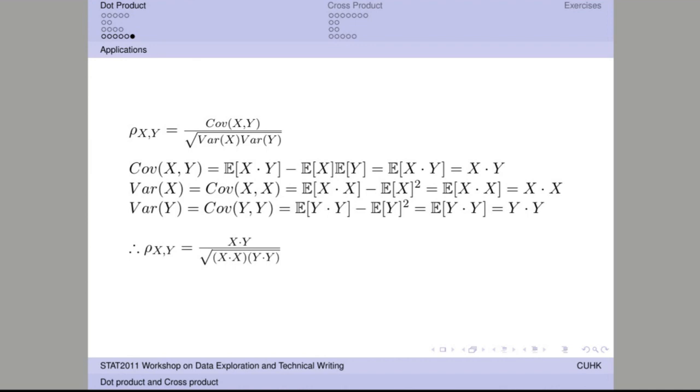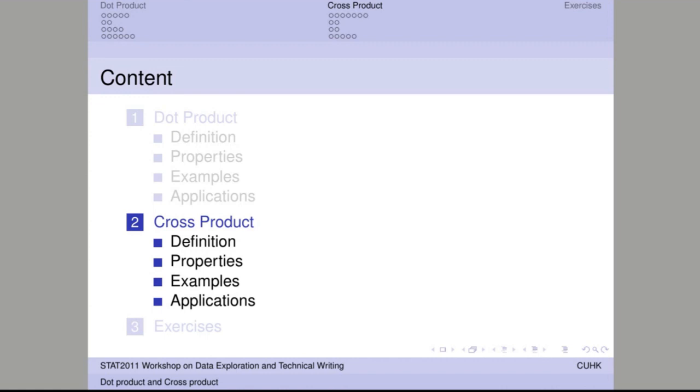Similarly, the variance of y equals y dot y. Therefore, the correlation of x and y can be written as x dot y over the square root of x dot x times y dot y. The dot product part ends here.